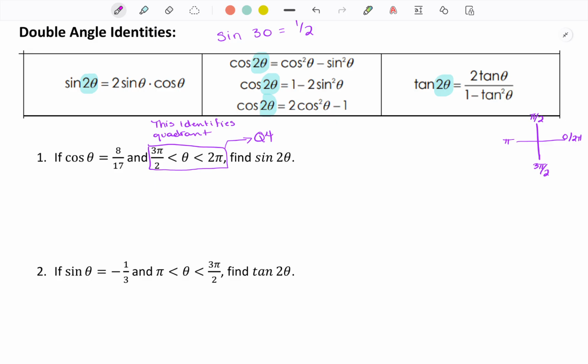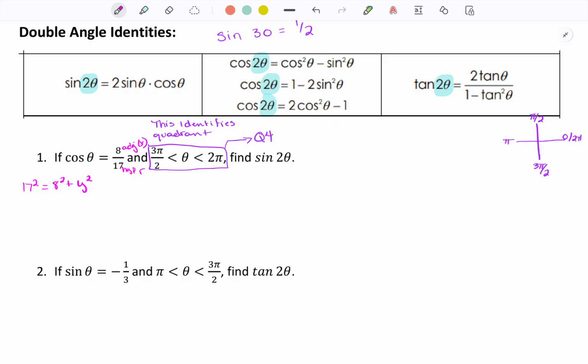So we know that cosine is adjacent, or x, over your hypotenuse, or r. So we are going to use 17 squared equals 8 squared plus y squared, because we are looking for y.